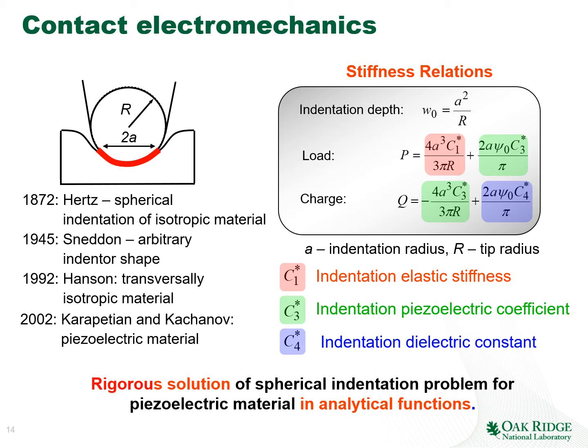And in 1992, barely 30 years ago, Hanson developed this theory for the transversely isotropic material. And in 2002, about 15 years ago, Karapetian and Kachanov extended this theory further towards the piezoelectric material.